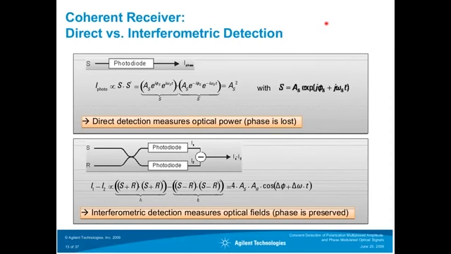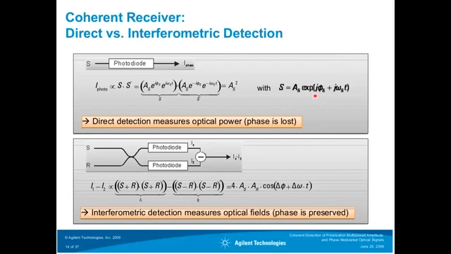So, comparing direct versus interferometric detection. In direct detection, you have just the optical signal impacting a photodiode, and to measure what the photocurrent of a photodiode puts out is quite simple. You just multiply the signal and the complex conjugate of the signal. In this case, the signal is just the product of an amplitude term, which is a real number, and the phase term.